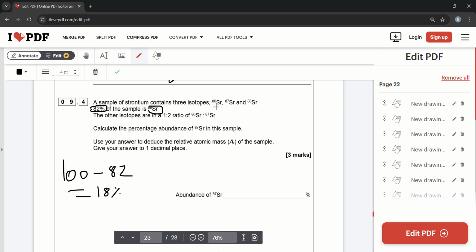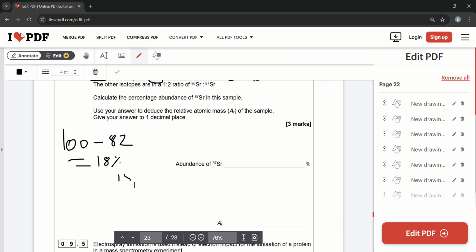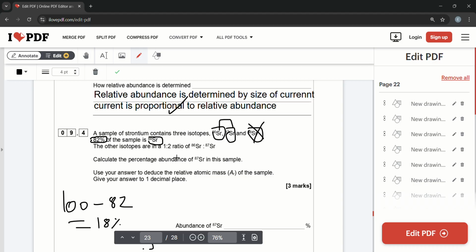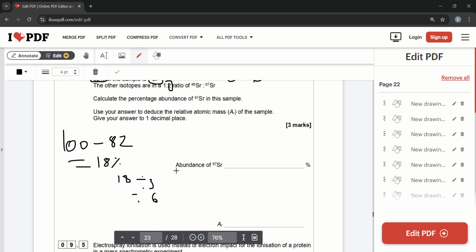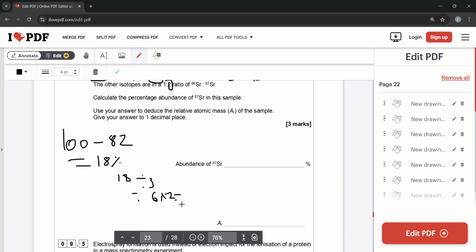So we know we've only got 86Sr, 87Sr, and 88Sr, and 88Sr is 82%. So the remaining 18% must be split between these two, and we know that it's in a 1:2 ratio. So what we can do is 18 divided by 3, which gives 6. Because 87Sr is the 2, we times it by 2, which gives 12.